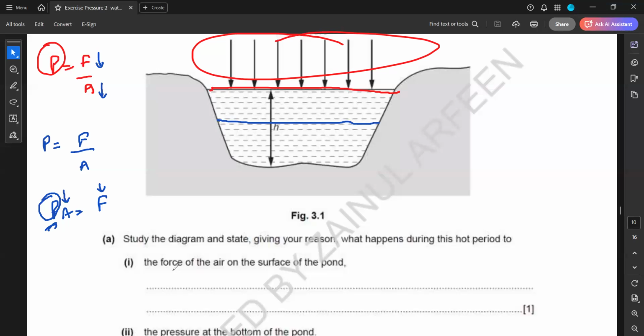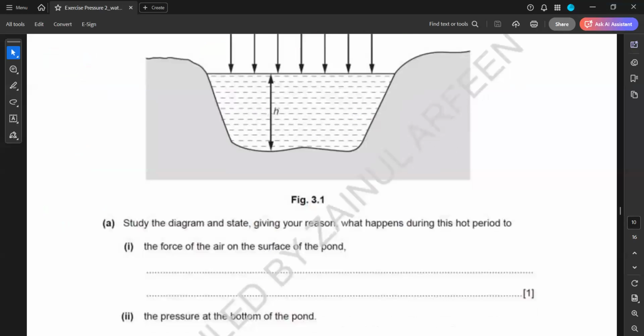So the force of air on the surface of the pond should decrease, because the pressure remained constant, so force and area are directly proportional to each other. Is it clear? Yes.